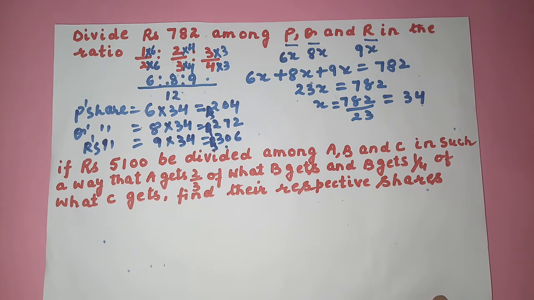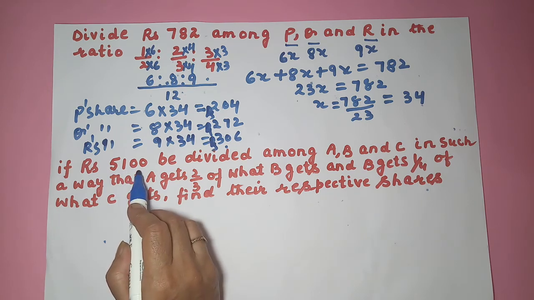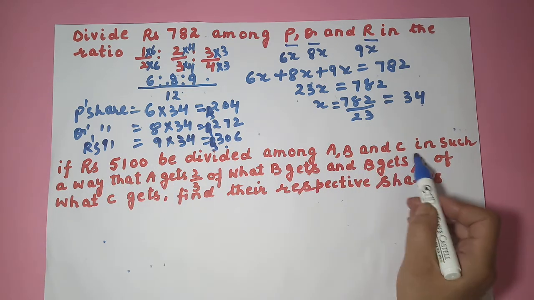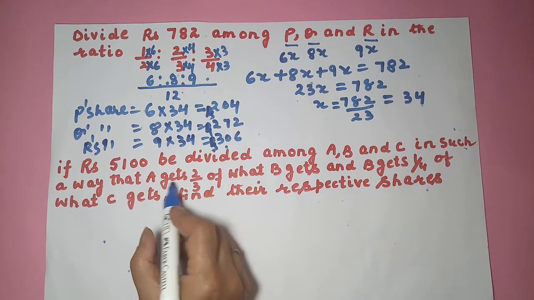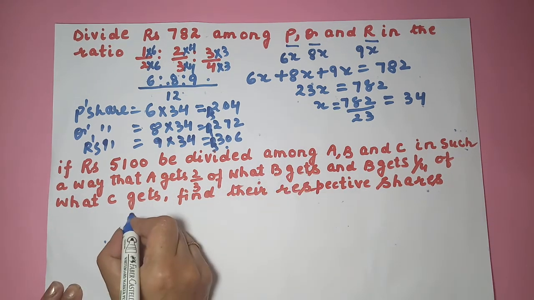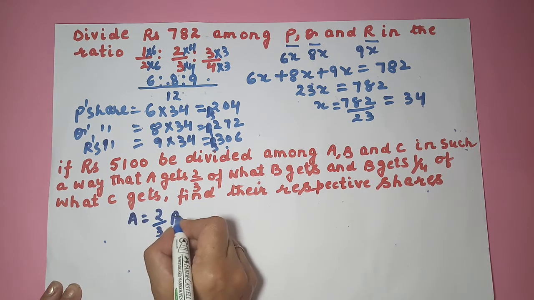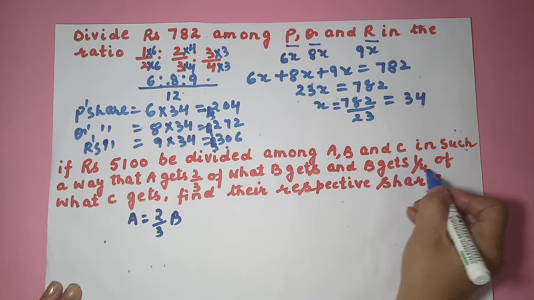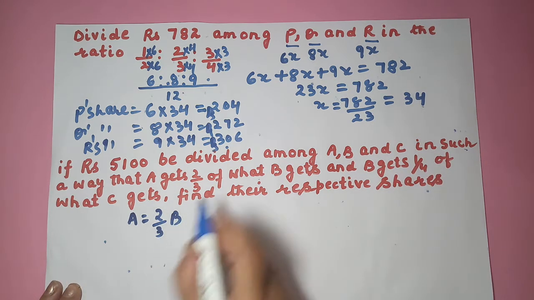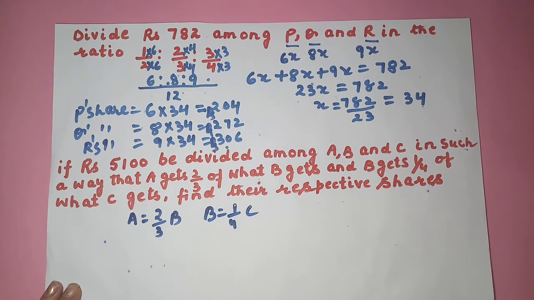In the next sum, we have 5100. It is to be divided among A, B and C in such a way that A gets 2 by 3 of what B gets, right? So A gets 2 by 3 of what B gets, and B gets 1 by 4 of what C gets.